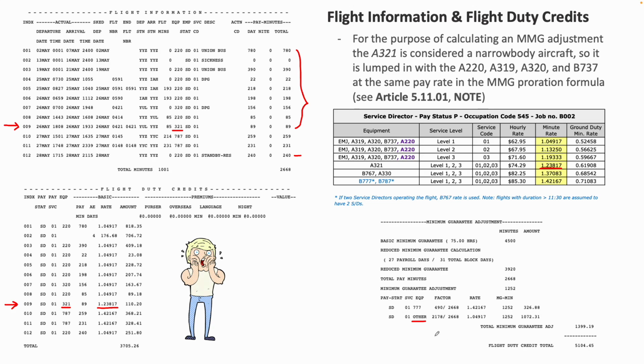So when adding all those up, that indeed does come out to a total of 2,178 minutes out of the 2,668 minutes that I flew during the month. So then that means that this too, for pay purposes, is considered correct and ultimately is paid out at that $1 and approximately 5 cents per minute in our top up. Again, even though the 321 is paid out at the higher rate when we actually fly, it's not used when calculating our top up.